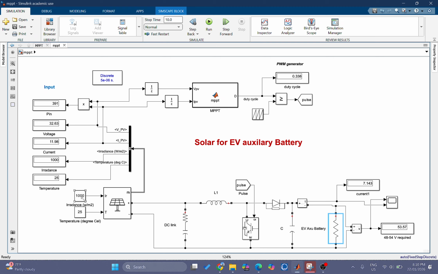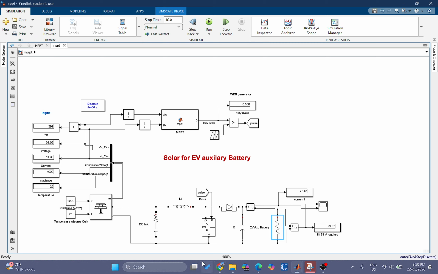We can bring some solar irradiance data and temperature data and conduct the realistic analysis here.